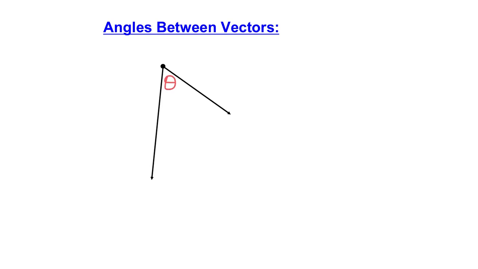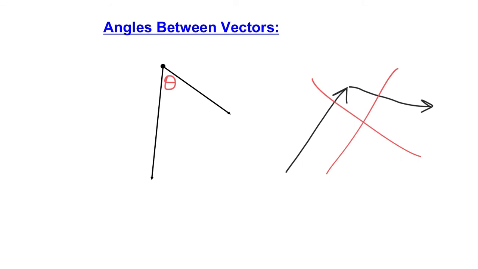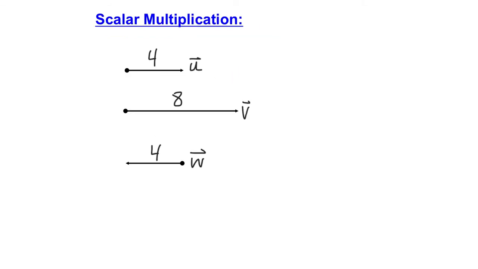You do not want to draw your vectors tail to head, because then your angle in here, it's not going to be the right thing. So don't draw it like that. Draw it like that.